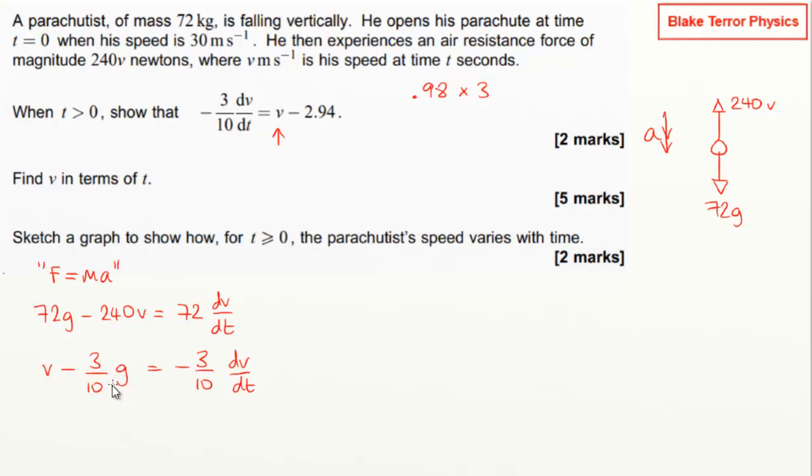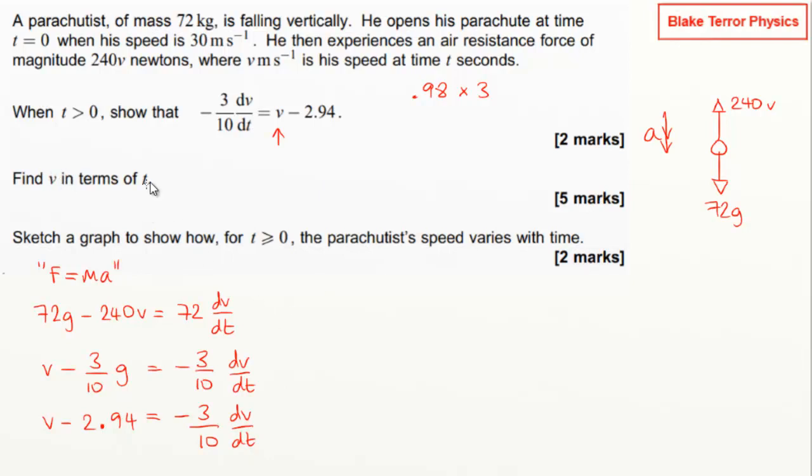We've got exactly what they want in the question, so that's the main thing. I don't know what they use on this particular exam board for their value of g, but they could have just rounded it a little bit.